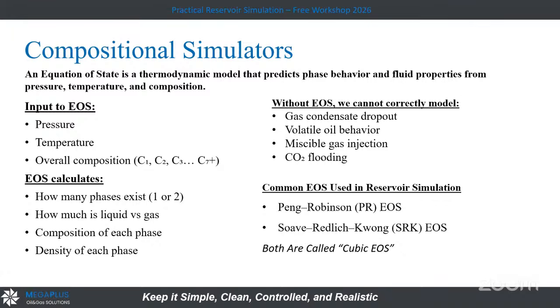But in the third part, called miscible or carbon dioxide flooding, in light oil, maybe we can use gas injection in the condensate reservoir, or if we have very light oil that is irreducible or residual, we will inject carbon dioxide.